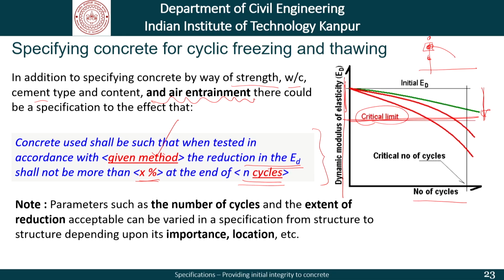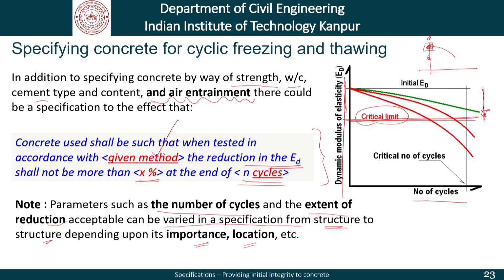Obviously, parameters such as the number of cycles or the extent of reduction acceptable can be varied in a specification from structure to structure depending on its importance, location and so on. We must understand that as far as, let us say, a country like India or any country is concerned, the freezing and thawing cycles that a structure may go through are not the same for all structures.